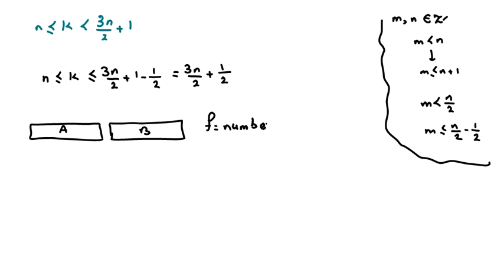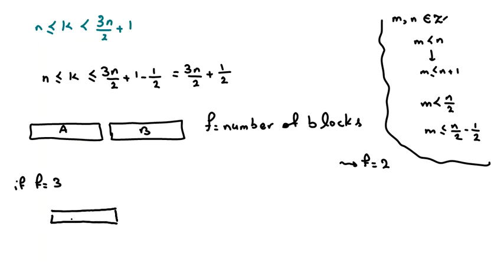So f is number of blocks, and in this case n is 2. F is 2. We want to see, can we reach to f2 or not? Suppose if, for example, f equal to 3, okay? If f equal to 3, and we have, for example, some a's, some b's, and some a's.